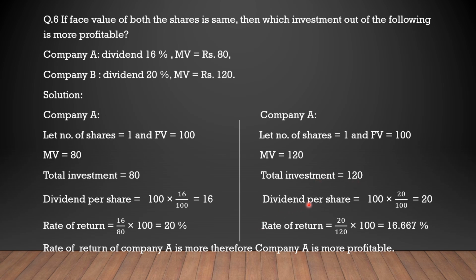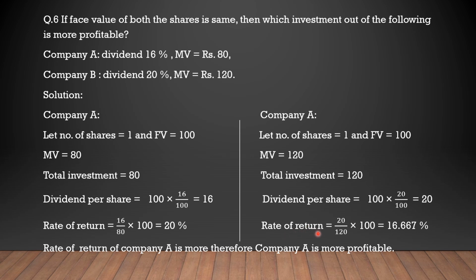Then dividend per share. Dividend per share is equal to face value into rate of dividend, means FV is 100 and rate of dividend is 20%. So 100 into 20 by 100 is equal to 20. So dividend per share is equal to 20.